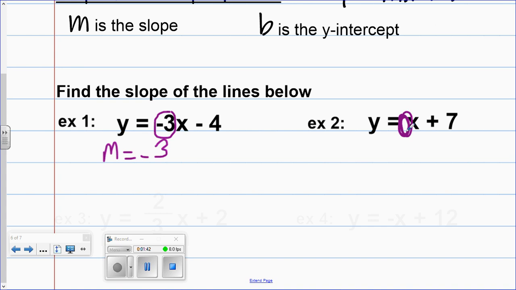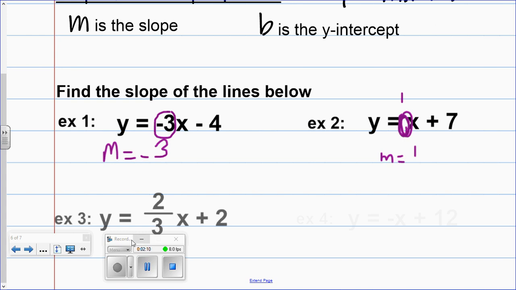But remember, when there's not a number there, it's understood to be a 1. So this has a slope of 1, or 1 over 1, meaning it will rise 1, go to the right 1. Up 1, right 1. Up 1, right 1. Okay? So let's try another example.